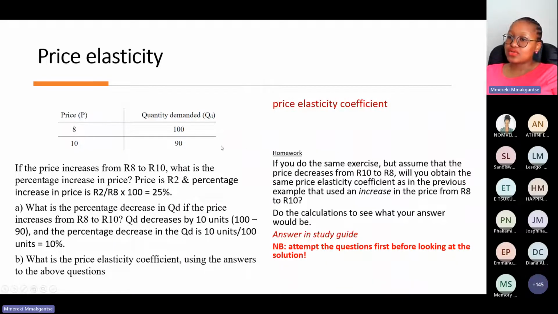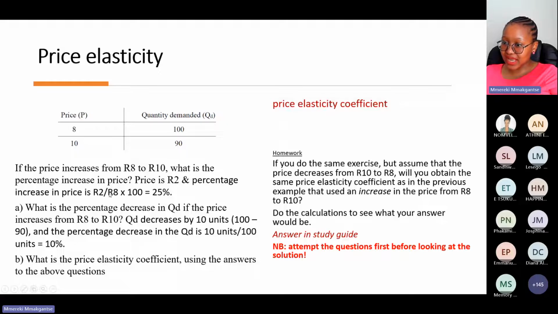So if the price increases from 8 rand to 10 rand, what is the percentage increase in price? The difference is 2 rand, and the percentage increase is 25%. So when you calculate percentage change, you want the difference first.